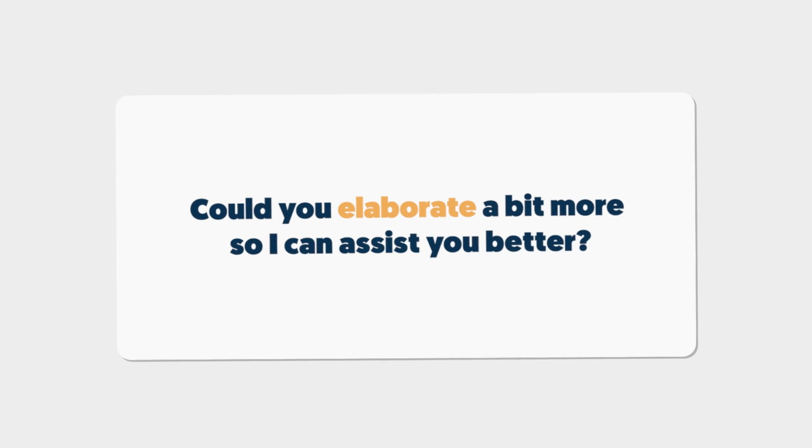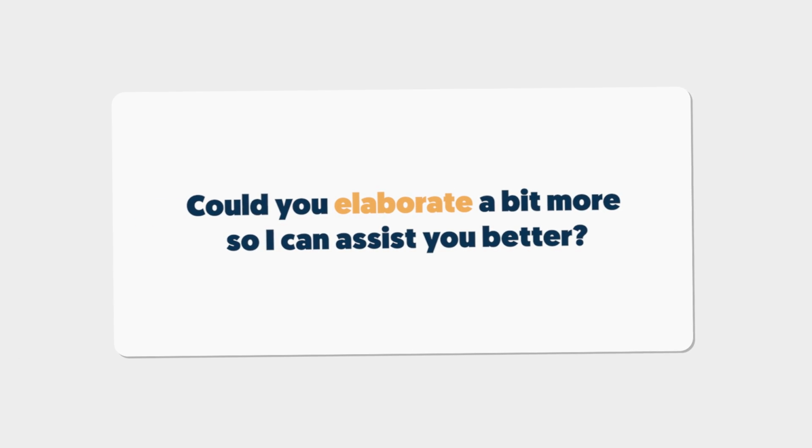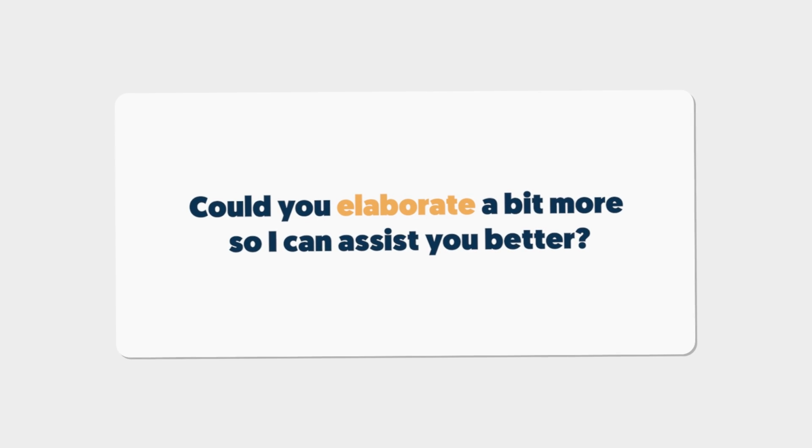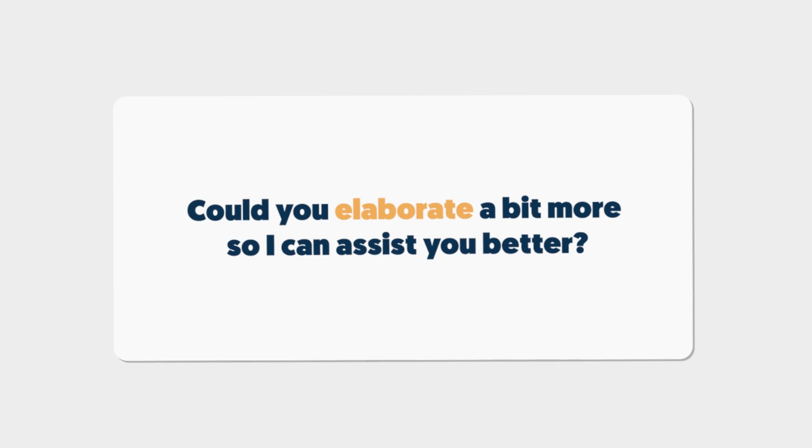Now, if you need more information or further explanation, you might say, could you elaborate a bit more so that I can assist you better? Now, elaborate is a slightly more formal sounding word, but it can be a good way to ask for more detail.